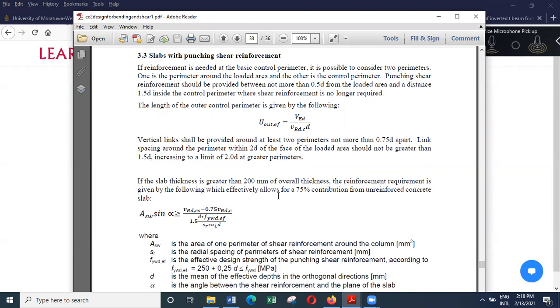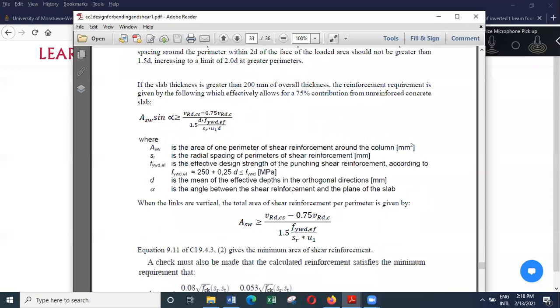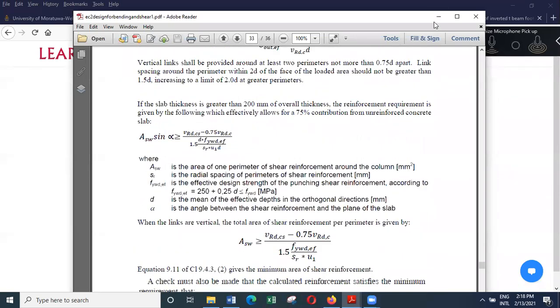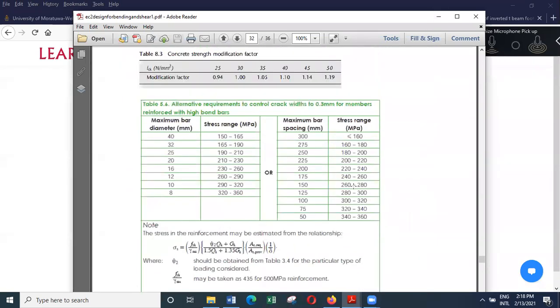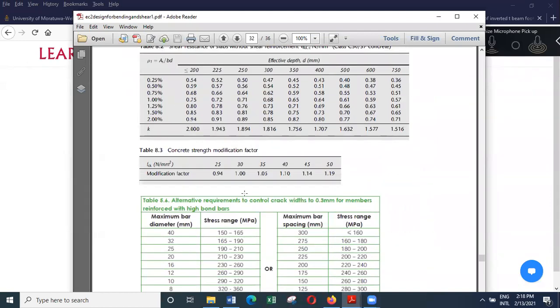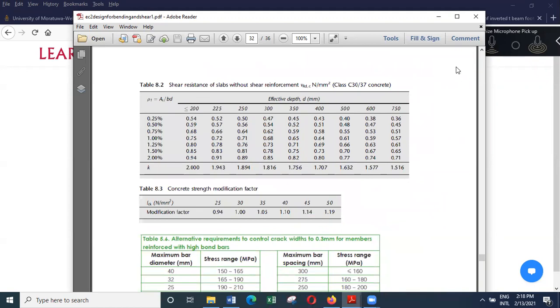And also, if you are providing punching shear reinforcement, the maximum spacing between two successive punching shear reinforcement arrangements will be 0.75 D. So that's what we covered last time. And some of these will be used for today's lecture as well, that is what is relevant to shear.